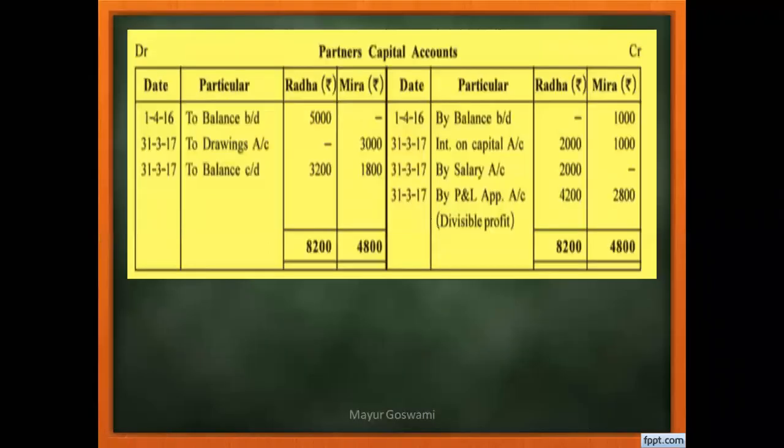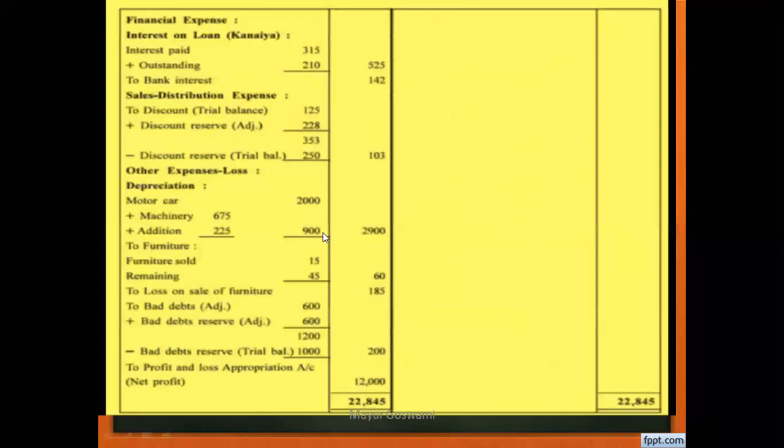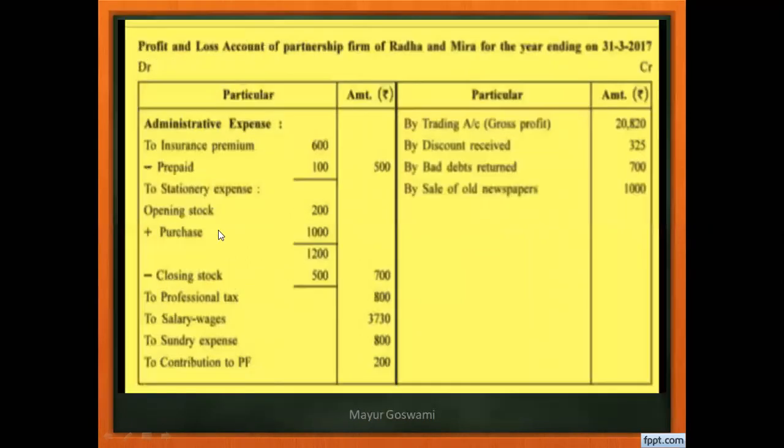So first of all, come to the P&L debit side, write down to stationery expense, and prepare one small table.